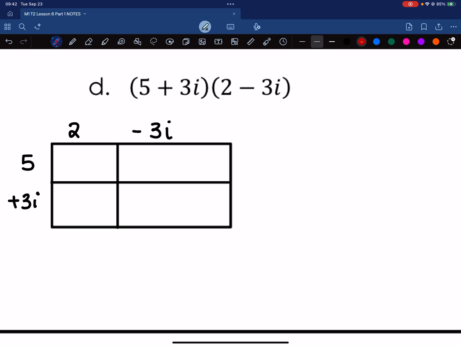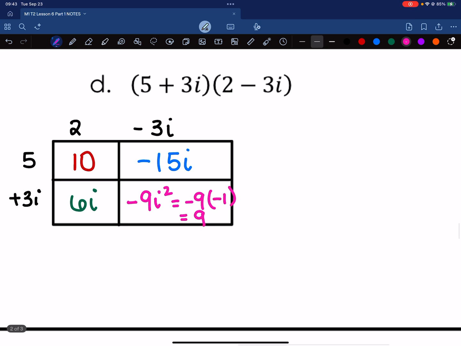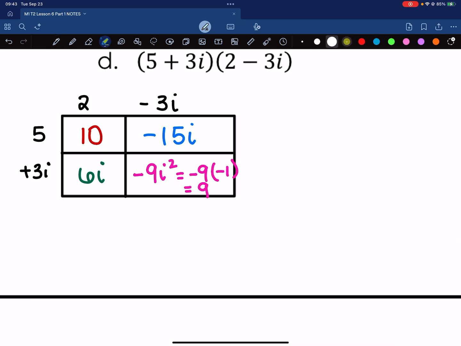So 5 times 2 is 10. Then we multiply 5 times negative 3. That gives us a negative 15i. Then we multiply 3i times 2. That would be a 6i. And last but not least, we multiply 3i times a negative 3i. That would be a negative 9i squared. But remember, i squared is equal to a negative 1, so that's negative 9 times a negative 1, which just equals a positive 9.